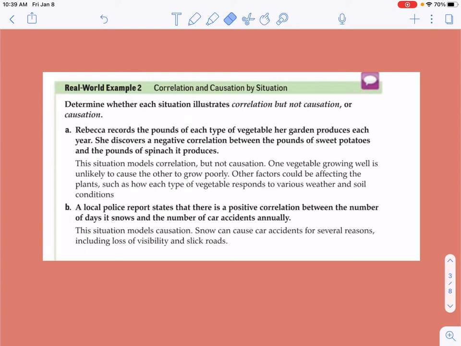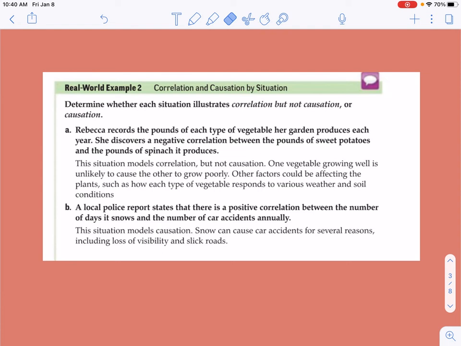Maybe it has to do with your soil. Maybe it even has to do with the type of seeds you get, and it's just been a coincidence. I mean, there are so many different factors that could affect it. So it would probably not be wise to say that it is causation. So that would be correlation, not causation.